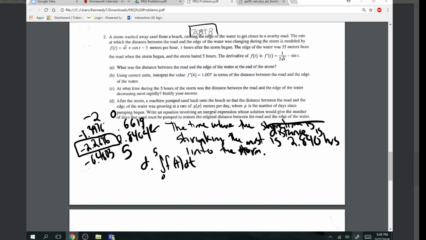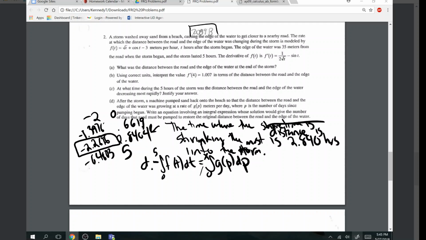That distance is negative 8.505. So if we make that positive by throwing a negative out in front of this, we want that to be equal to our integral from 0 to who knows what, some amount of time, of g of p dp.